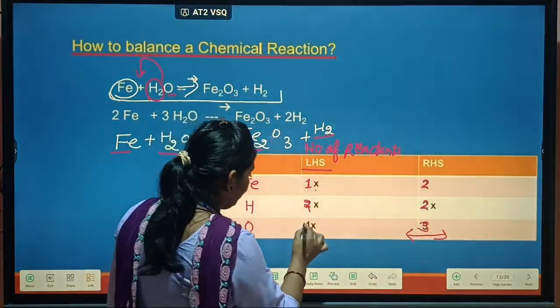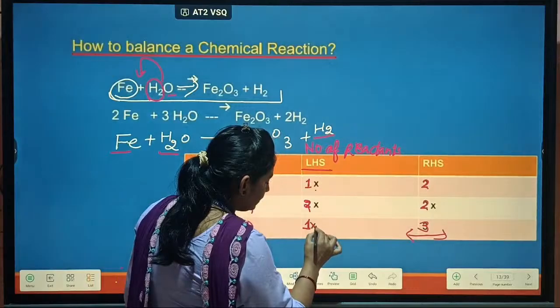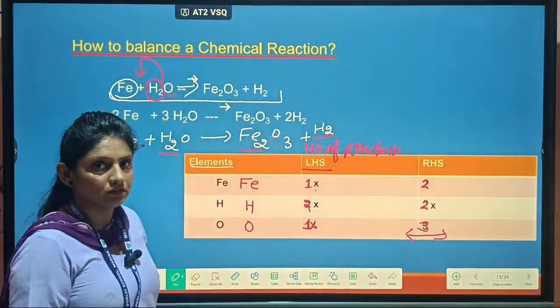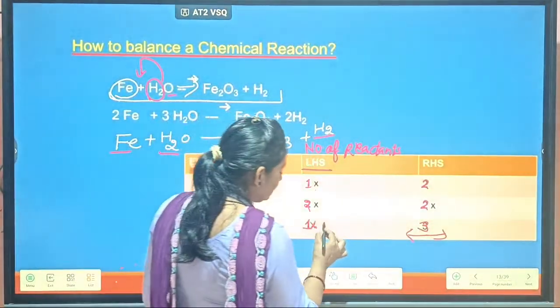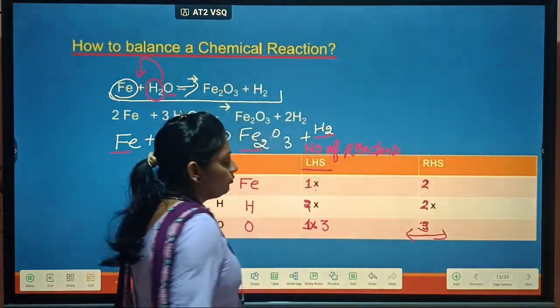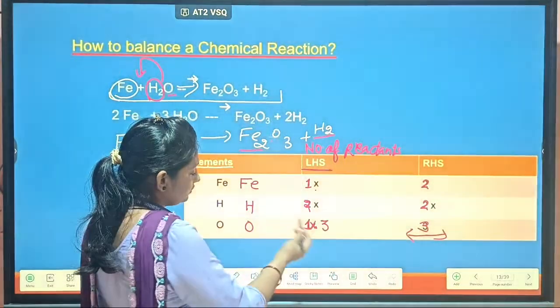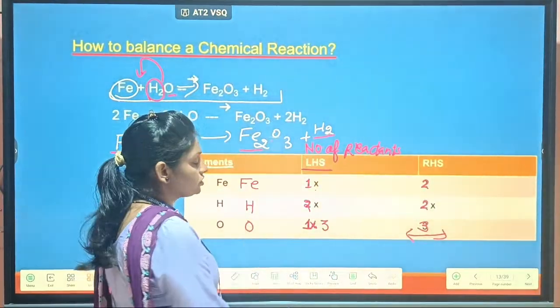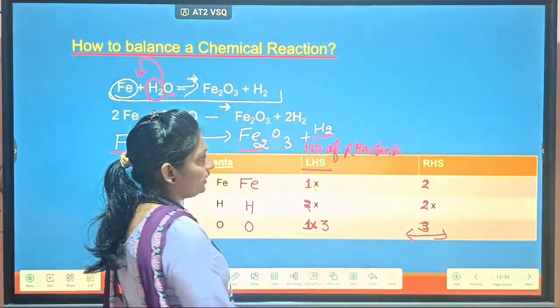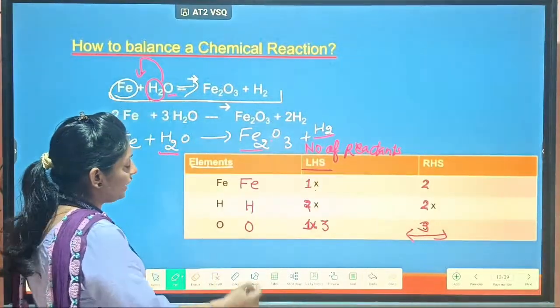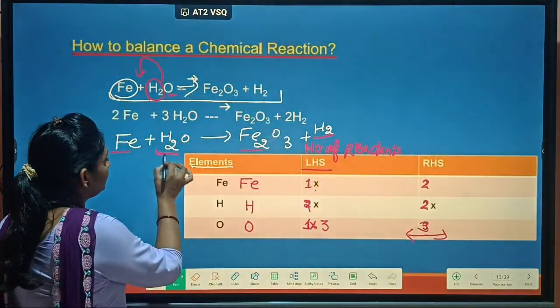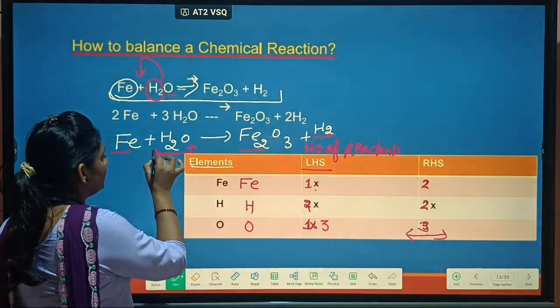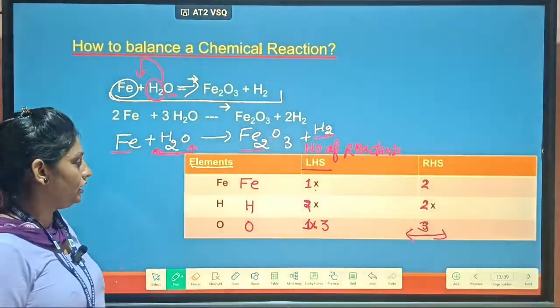We can multiply the compound in the reactant side which has oxygen by 3. Which one has oxygen? This one, H2O.